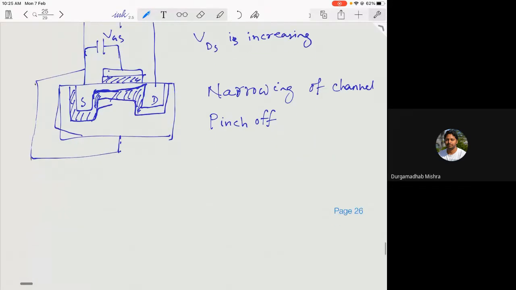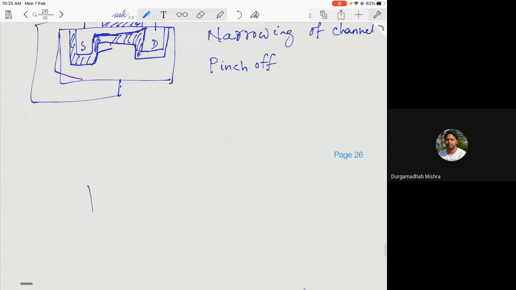Okay, so if you now plot the drain current as a function of VDS, in the beginning it was increasing, but when you reach this pinch off, it will get saturated.